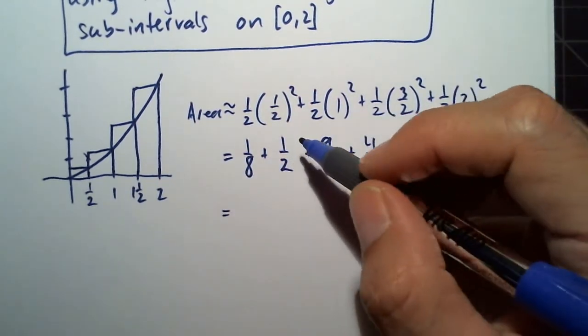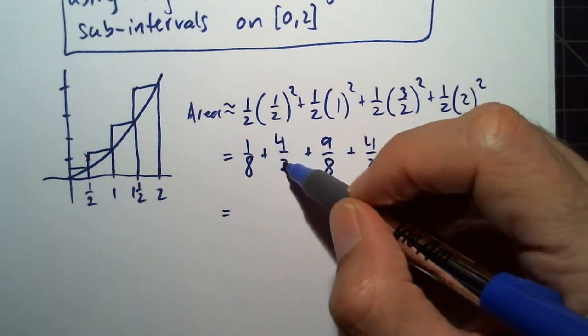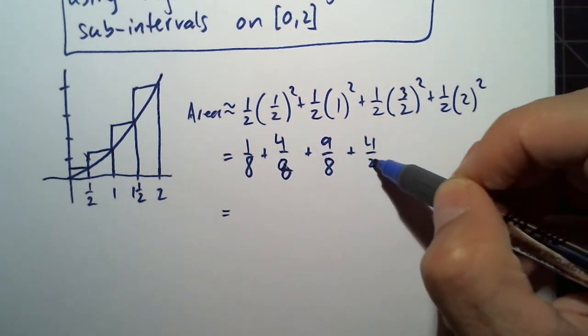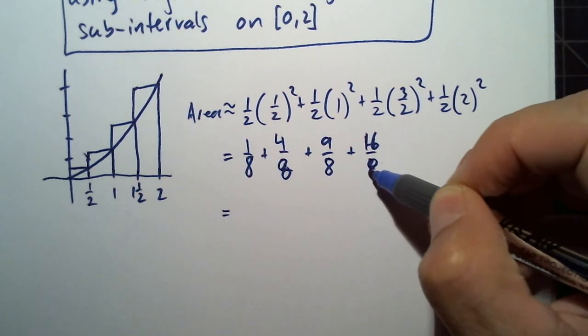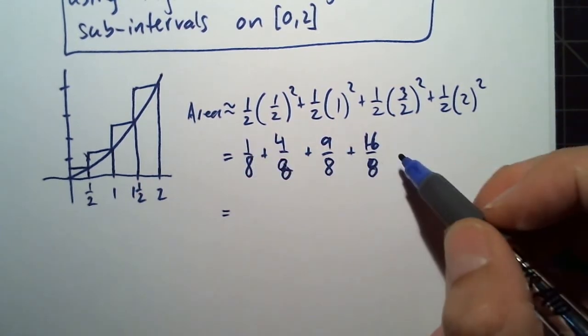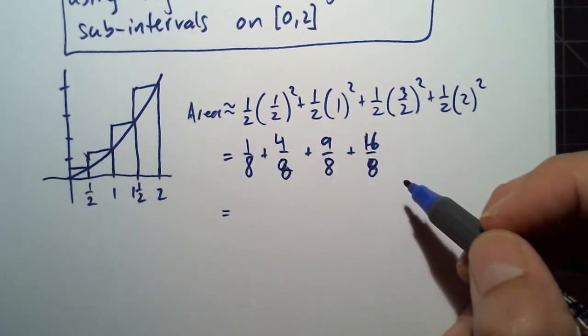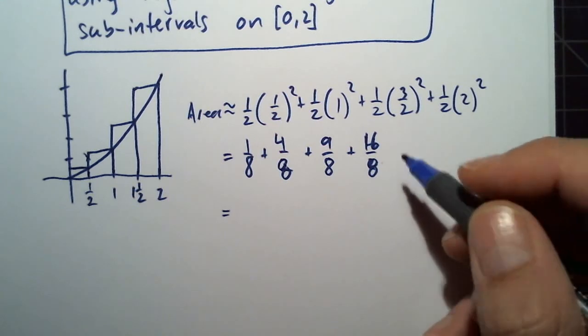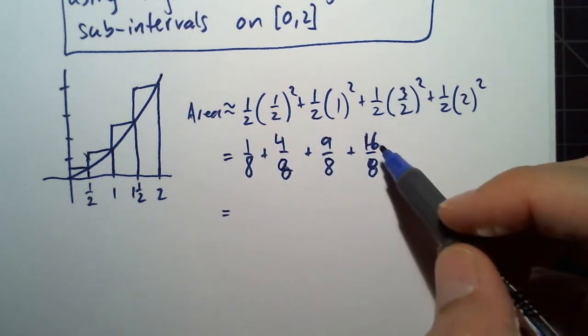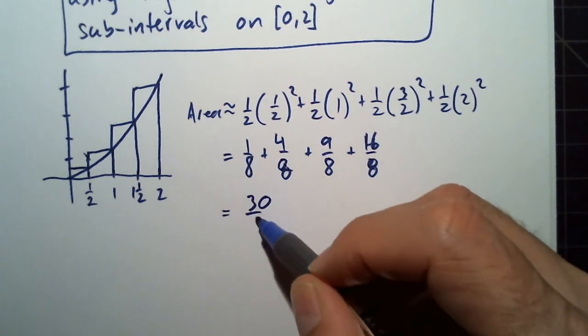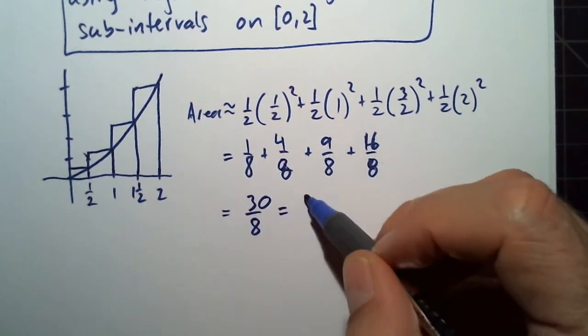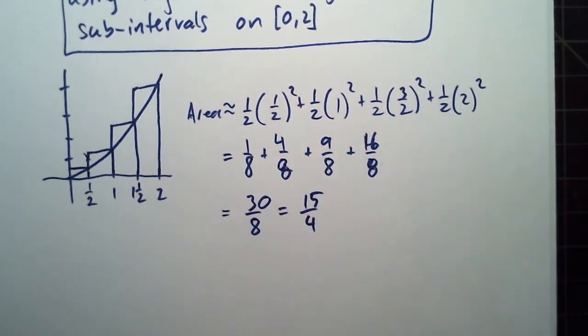So now this will be 4 over 8, and this will be 16 over 8. So when we add all that up, we get 30 over 8, or 15 over 4, and that's our approximation of the area under the curve.